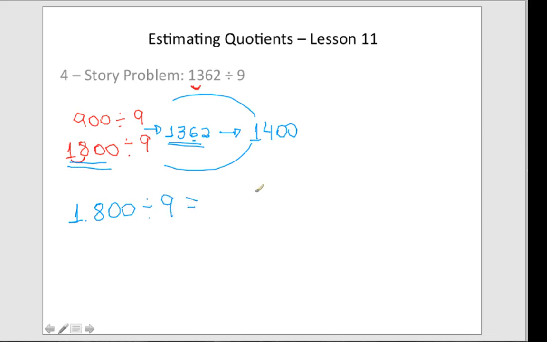That is about what? 200. Okay? Did you understand, guys? So here, you can write the math problem. Okay? You write the answer.